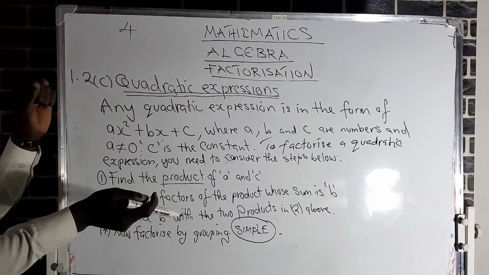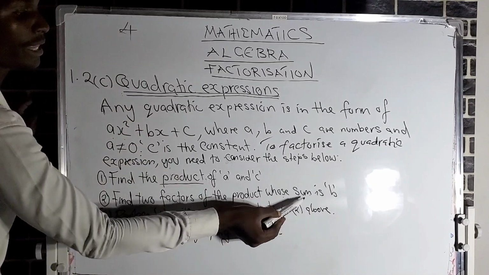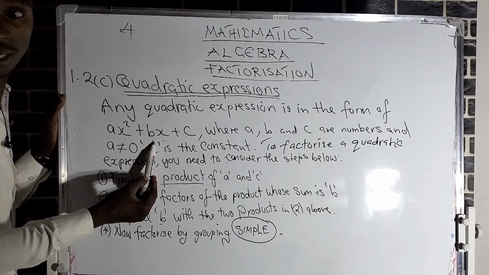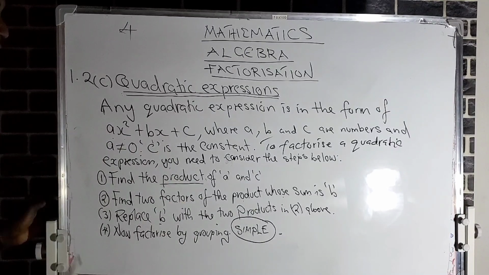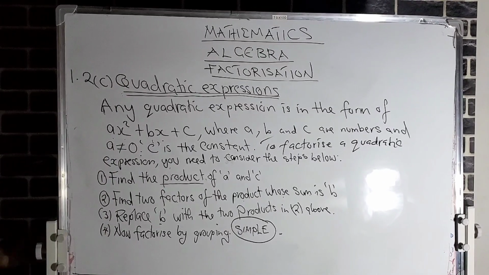When you multiply them, they should give you 4. When you add them, it should give you b, whichever number is here. Are we together? It may not sound simple to you, but it is very simple with practice.